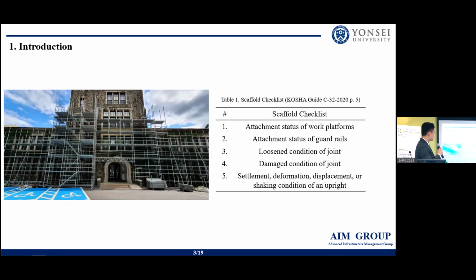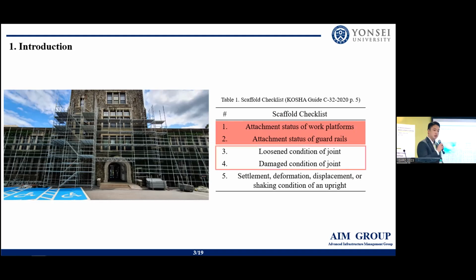In my former research, I automated the structural checking of the scaffold components by using a terrestrial laser scanner and point cloud segmentation techniques. However, when checking the status of a joint, using the previous methods was challenging.